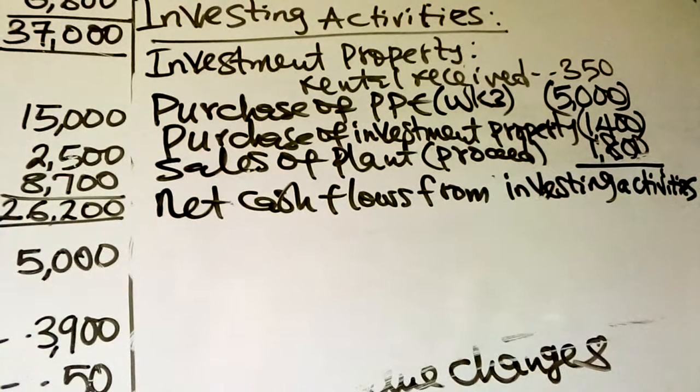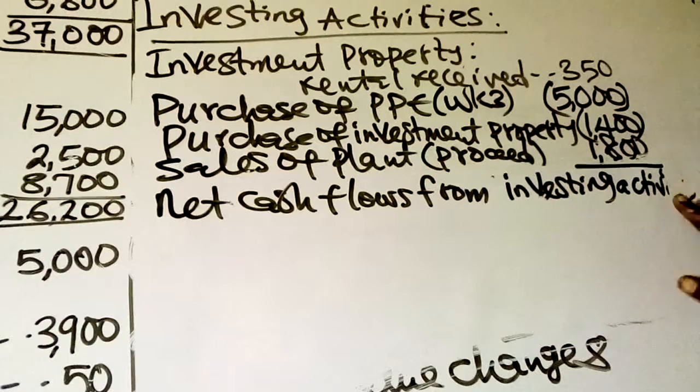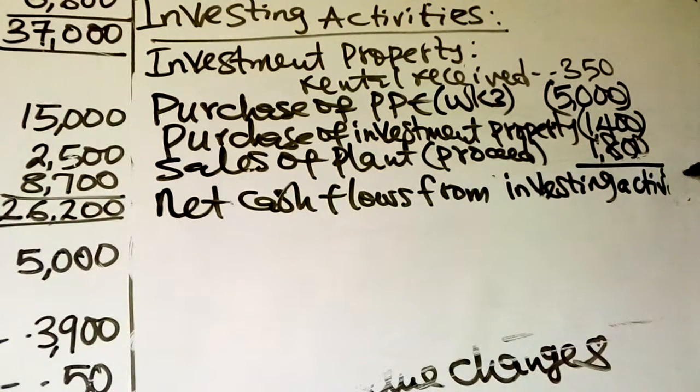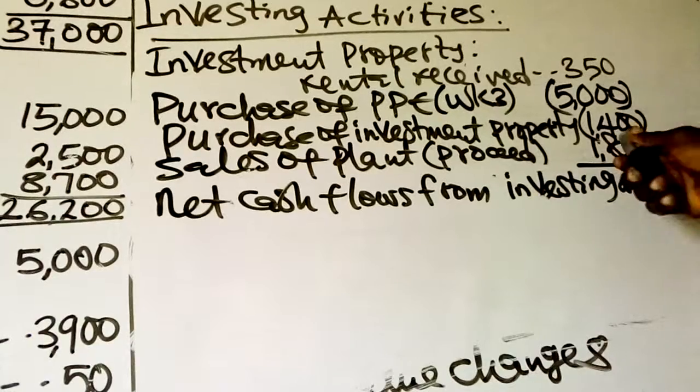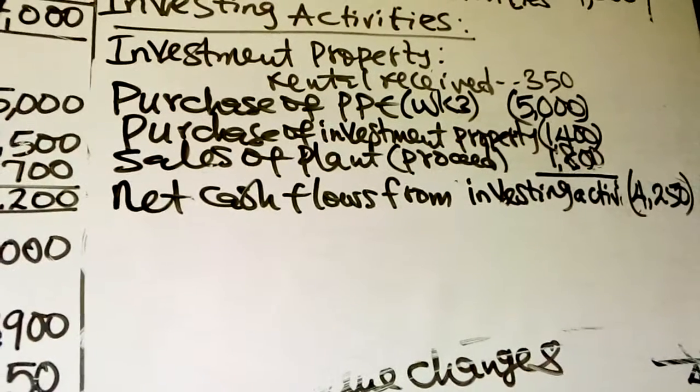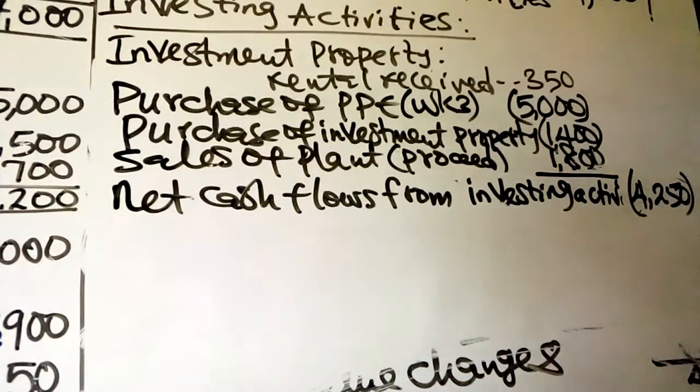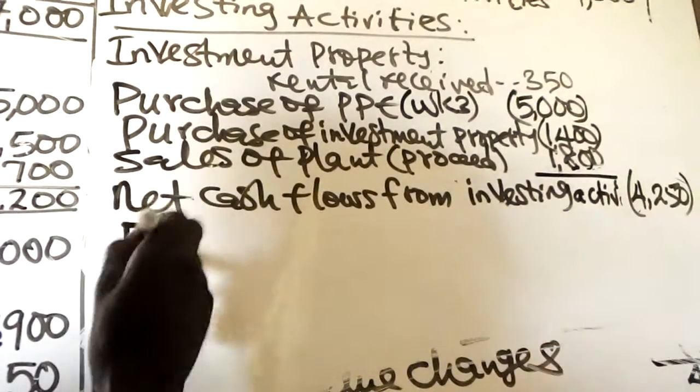That is an outflow, negative 4,250. The payments exceed the receipts. After that, the next heading will be financing activities.